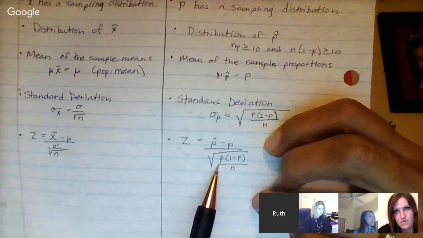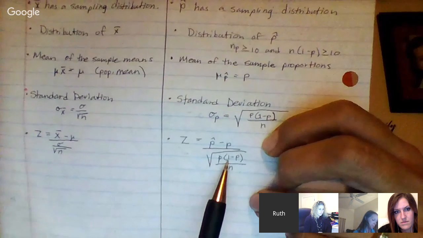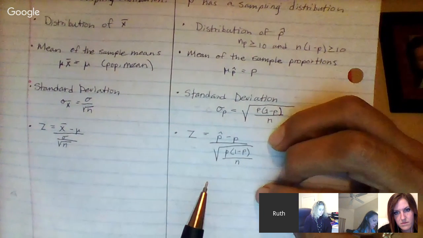So the formula is z equals p hat minus p divided by the square root of p times 1 minus p divided by n, correct? It's right here, for 12. So z equals p hat minus p divided by the square root of p times 1 minus p divided by n.